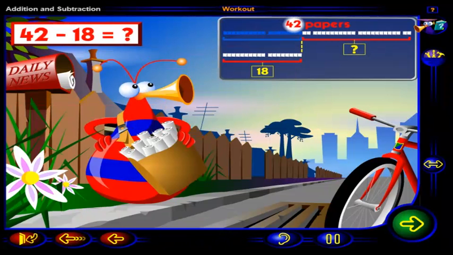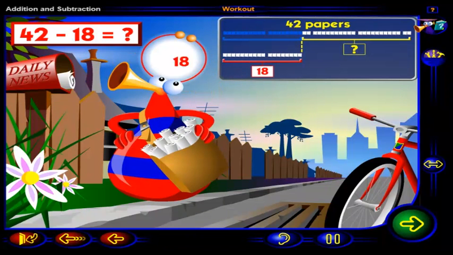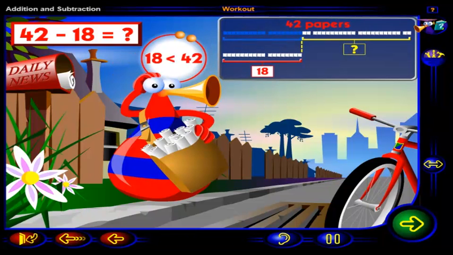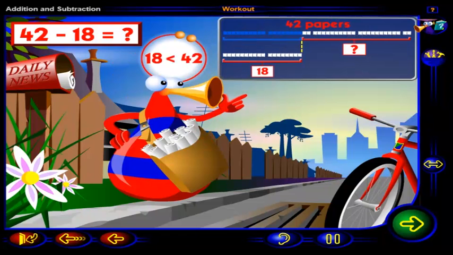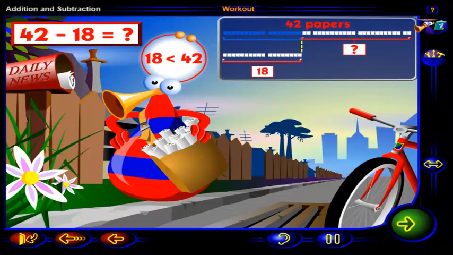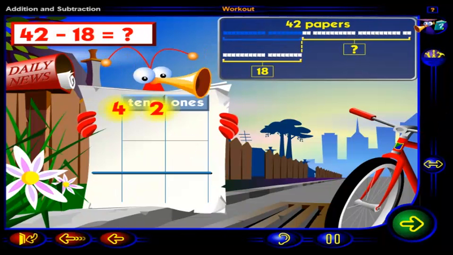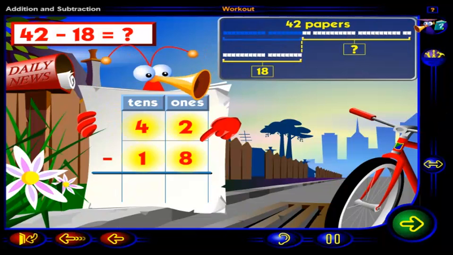There are 42 newspapers to be delivered. 18 papers have been delivered so far. 18 is less than 42. So, to find the number of papers that still have to be delivered, you have to subtract 18 from 42. What is 42 minus 18?